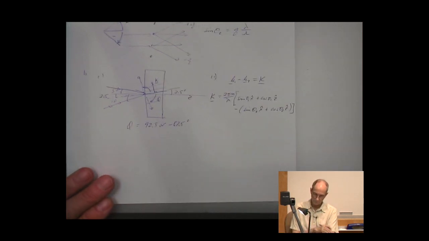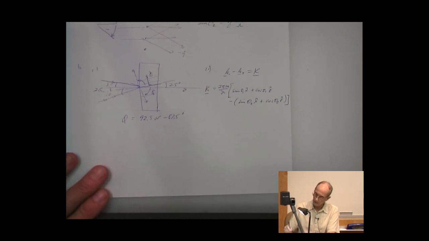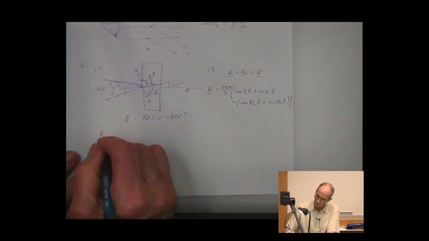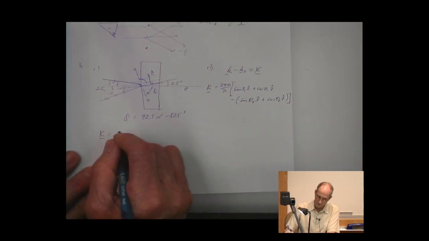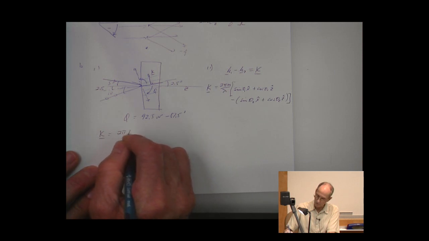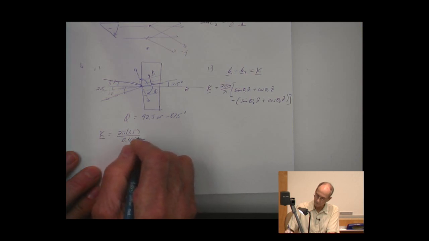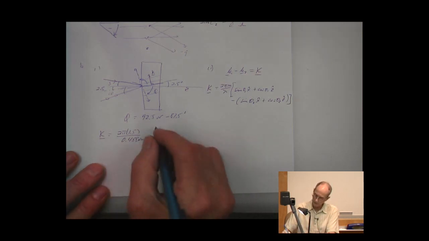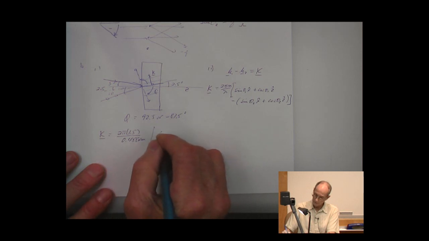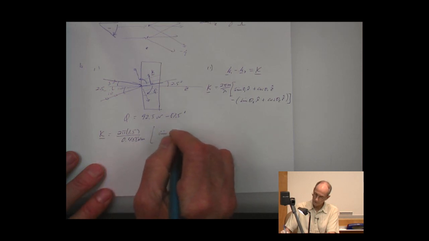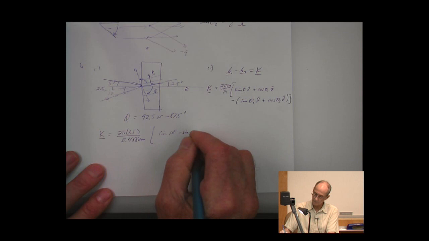All right? And then let's write this down here. So again, this is 2 pi times 1.5, the refractive index, over 0.488 microns. All right, and then we have sine of 10 degrees minus sine of 5 degrees.